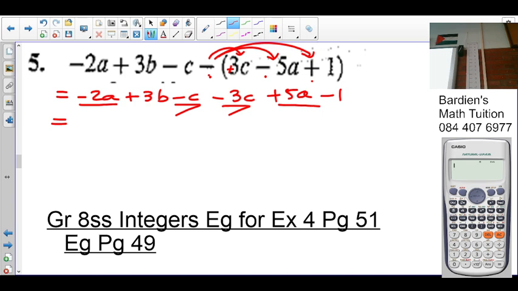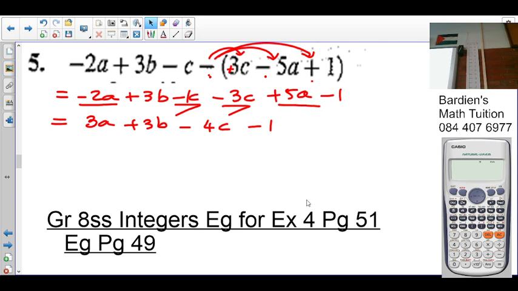So what's negative 2a plus 5a? Huh? Positive 3a, and positive 3b. What's negative 1c minus 3c? Negative 4c minus 1. Is there any confusion? Any questions?